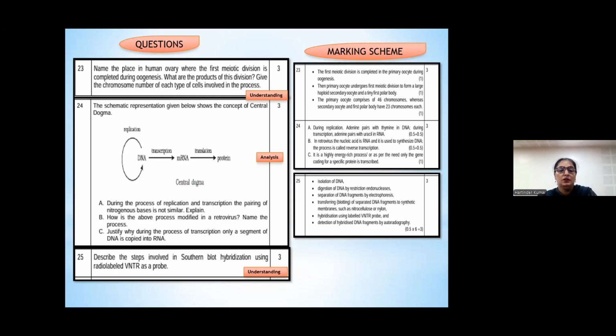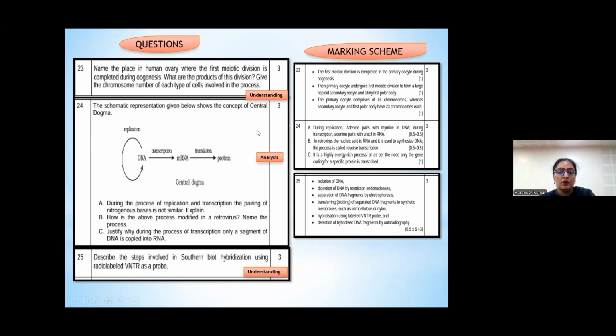Next question they have given is of analysis. We can very easily say, diagrammatically they have shown the process. That is, during the process of replication, DNA is forming RNA, RNA is forming proteins. That is, further we can say concepts are going on. If the child knows about replication, he can tell about transcription and translation.